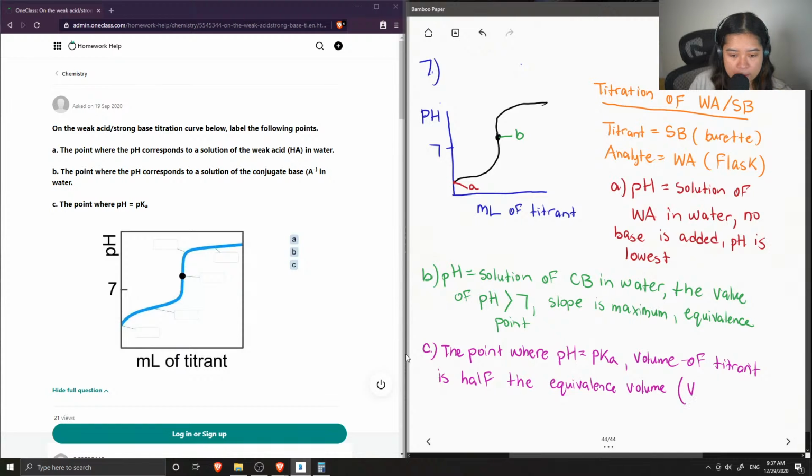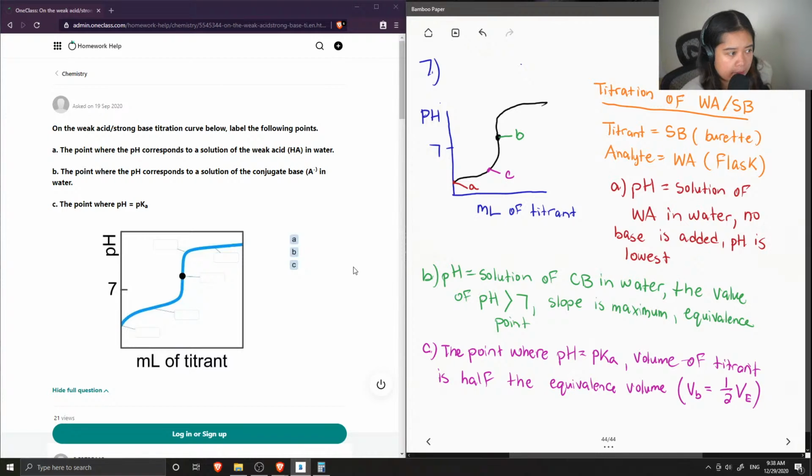So in other words, the volume of the base is equal to half of the equivalence volume. The equivalence point I mentioned earlier is where point B is. So when we have half of that value, this is where pH is equal to pKa. So it's around here is point C.